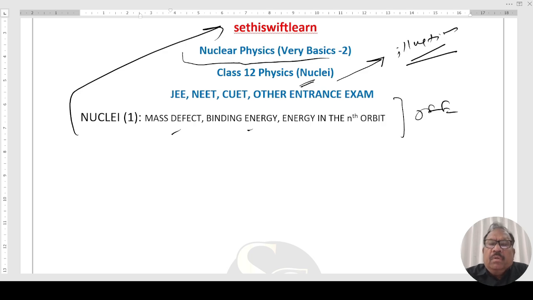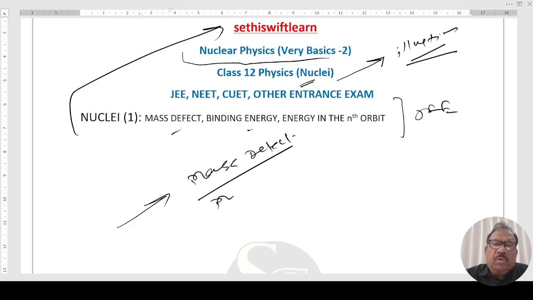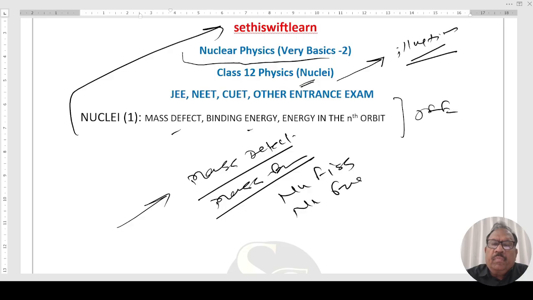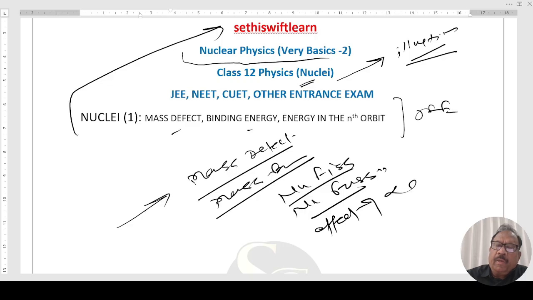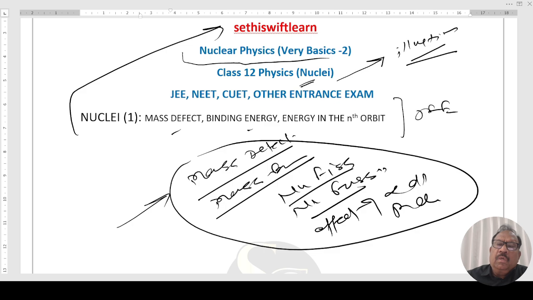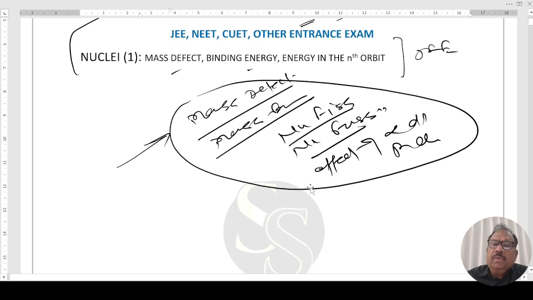In today's session, we are going to discuss what is mass defect, mass energy equivalence relation, nuclear fusion, the effect of alpha decay, beta decay, and a number of other topics.